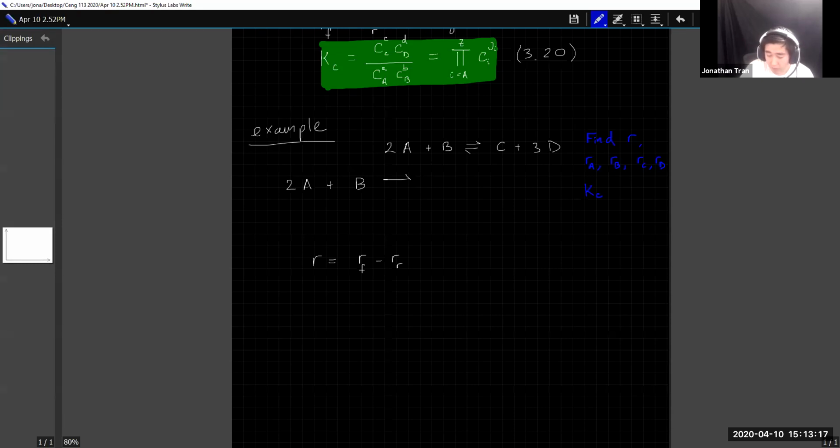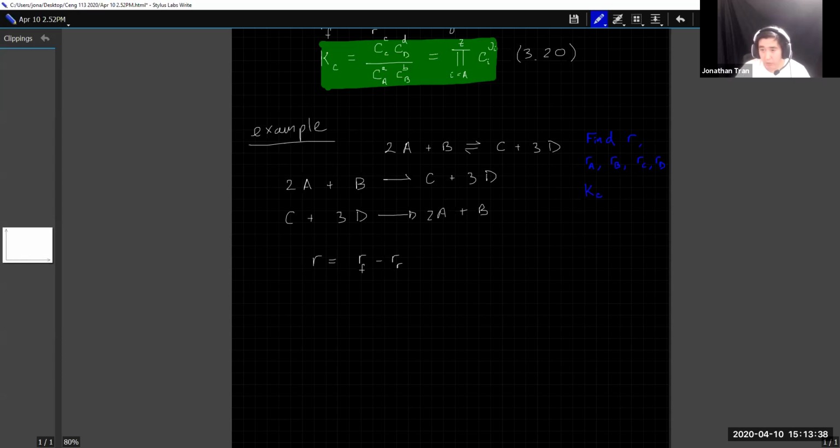And so we split this reaction into two different reactions, the way that I'd like to do it, and we can then define each of those independently, R_F and R_R.